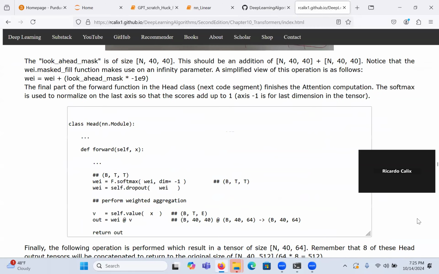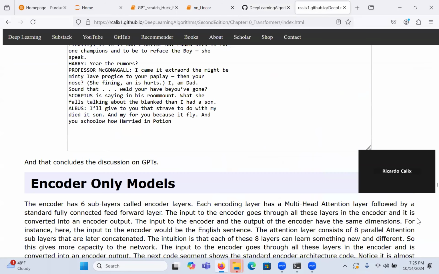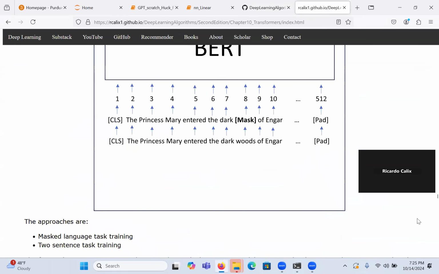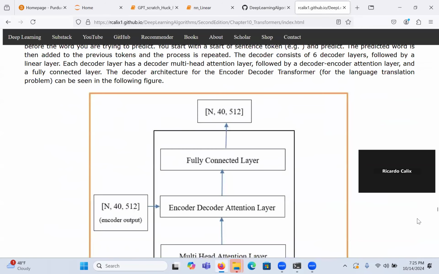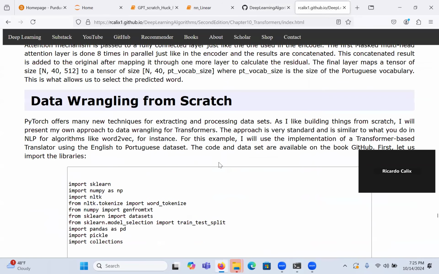You can read through that chapter, and it should give you a lot of insight on how to create your own dictionary, but a more robust one. I think this one was at the word level.